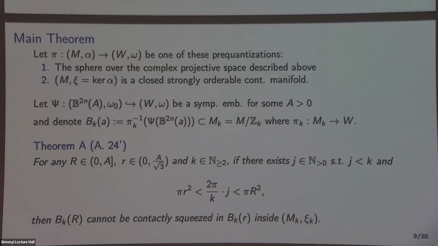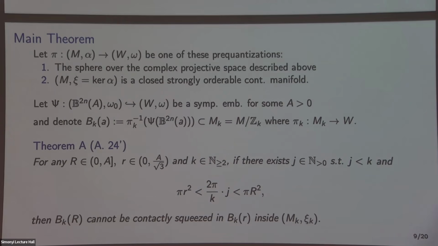What is interesting to note here is that the more K gets big, the more I can detect non-squeezing phenomena, because the more K gets big, the more I will have a multiple of 2 pi over K in this segment. Okay? So this is an interesting remark.